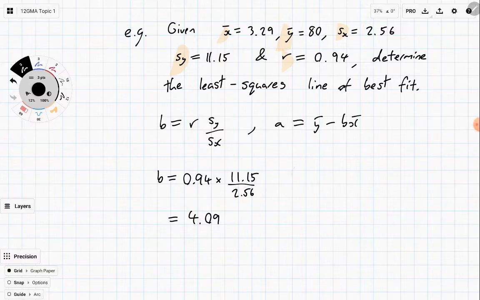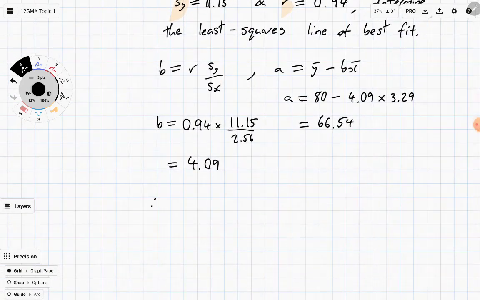So a is equal to, well, that's y hat, so y hat was 80 minus b, which was 4.09, we just worked out b, multiplied by x hat, which was 3.29, and that's equal to 66.54.